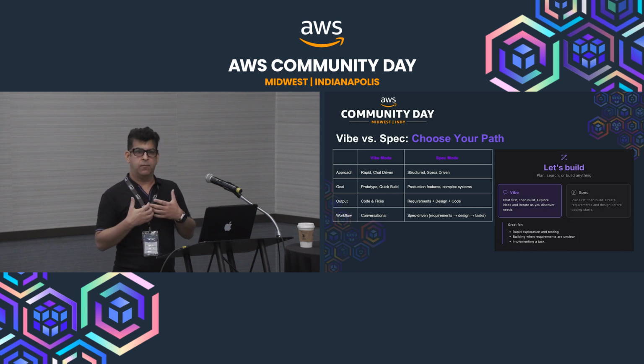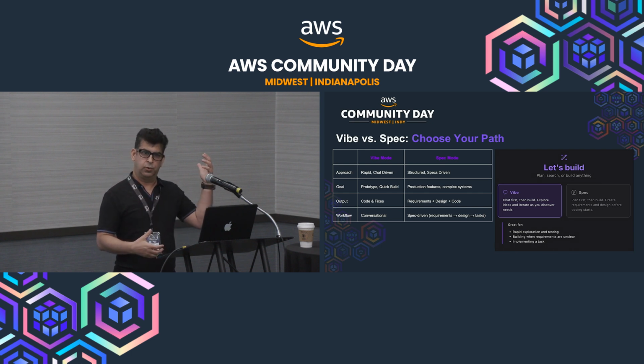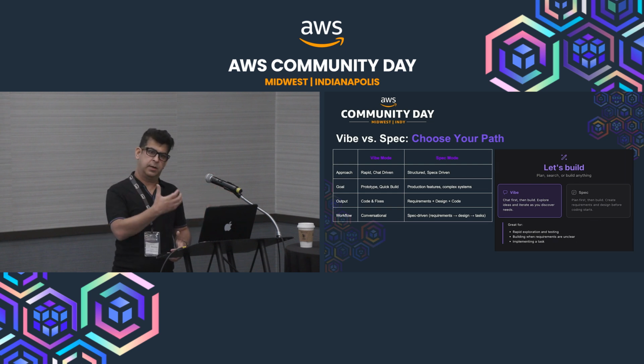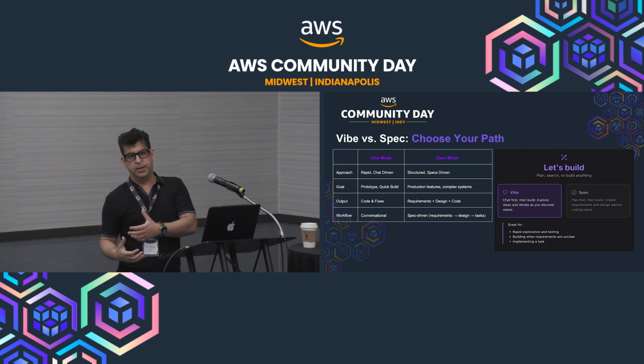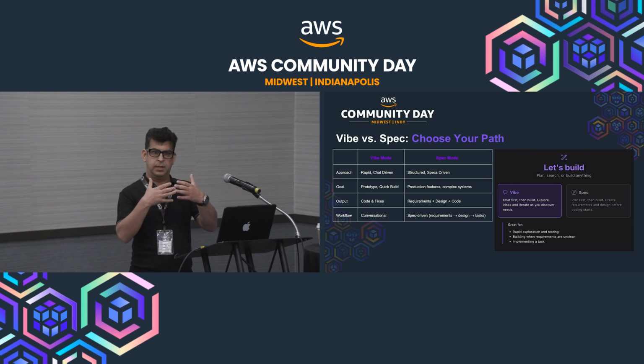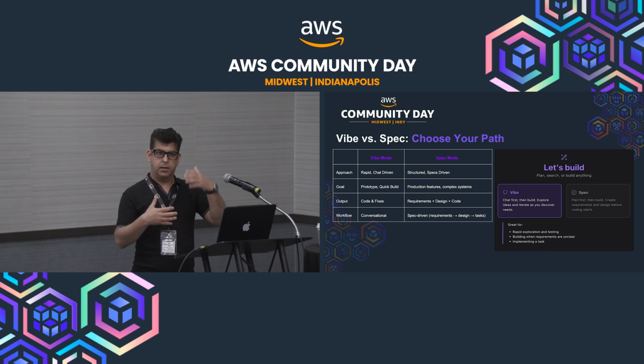Specs are for when you want to follow the traditional SDLC. You want your requirements to be in place so that you can show them to your business or product team and say, here is the requirement. Based on that requirement, you want design specs, so it will generate the design specs. Then you will have your implementation plan. So you get those 3 markdown files for requirements, for design, and then for your tasks.